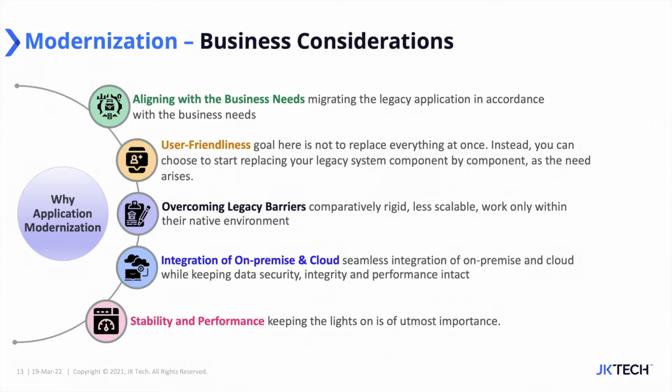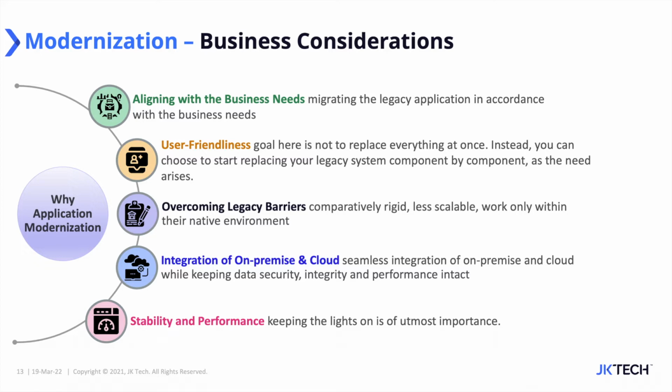And what you see here right now is what comes before considering modernization as a step, right? There are a lot of business considerations which are being made as part of application modernization. One primary thing is the alignment with the business needs. The second point is around how user friendly these applications are going to be when you start on the modernization journey, and then overcoming the legacy barriers.